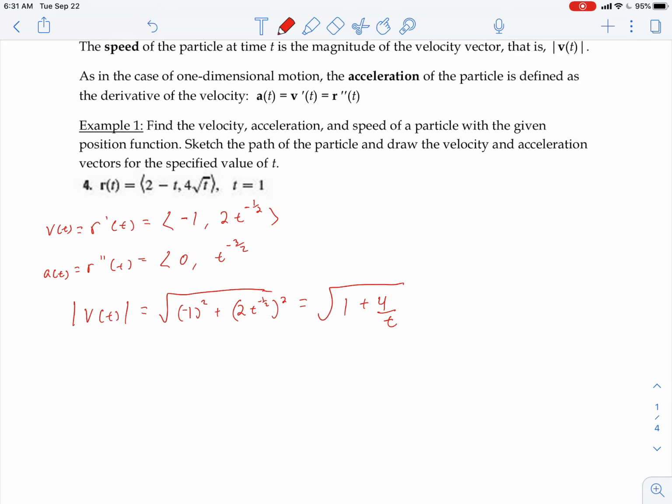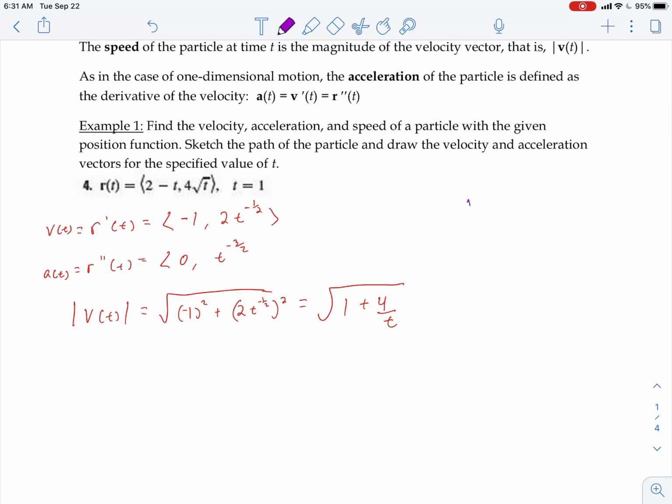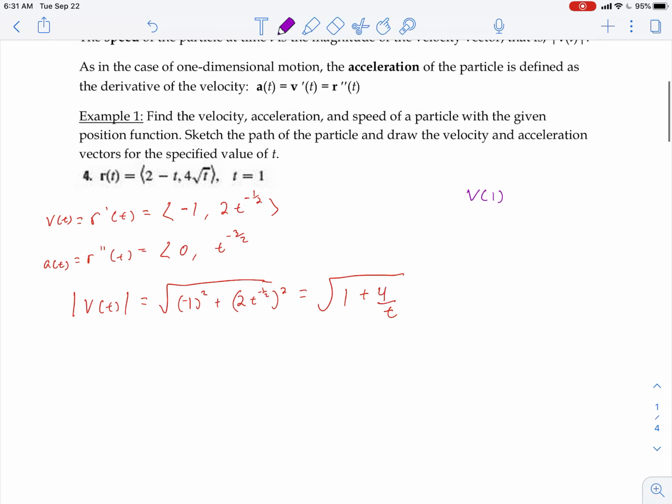All right, now we want to find all this at t equals 1. So at t equals 1, we have velocity, we just plug in, so we get -1 and 2 times 1 to the -1/2, which is 2. Speed: 1 plus 4 over 1, the square root of 5. Acceleration, plug that in.